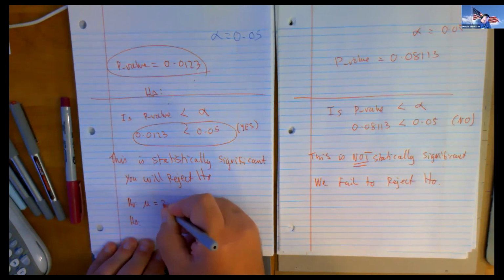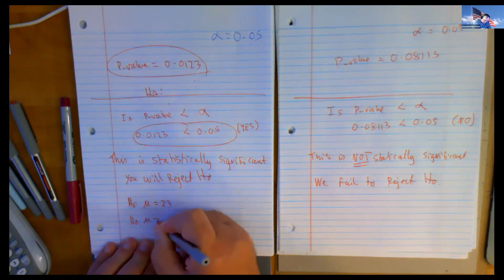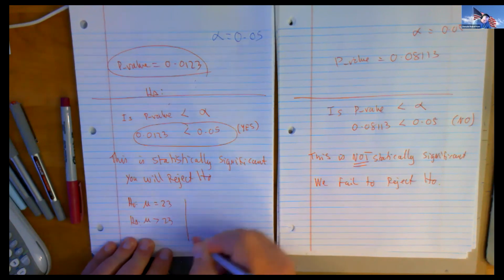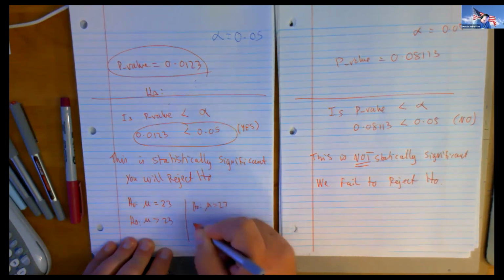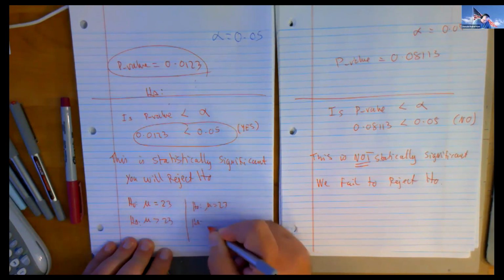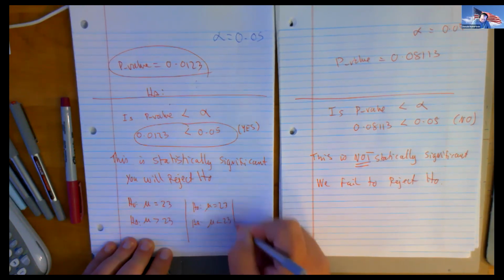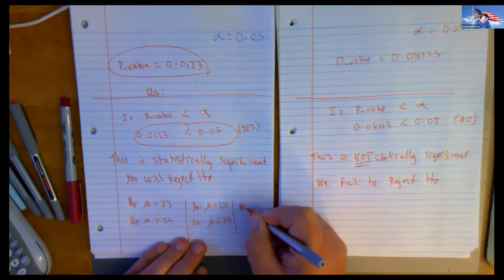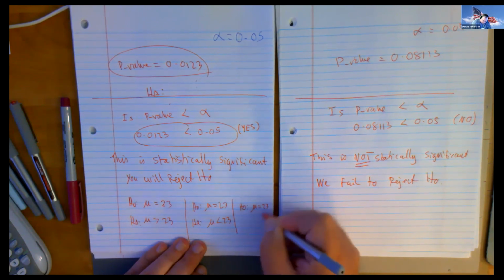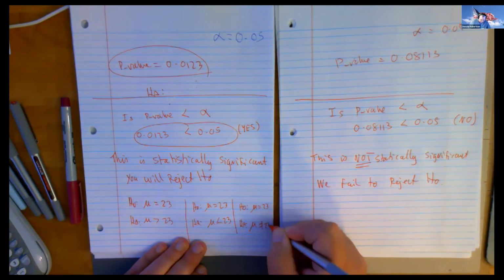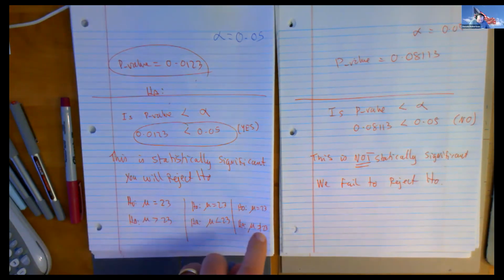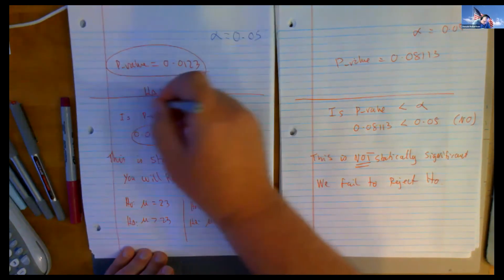Mu is 23, or mu is bigger than 23, that would be one story. Mu is 23, or mu is less than 23, that's the second story. And the third one is the mean is 23, or the mean is different, which we call not equal to 23.